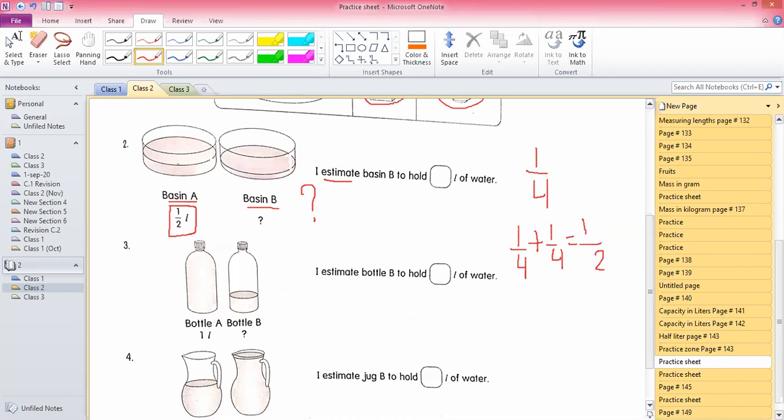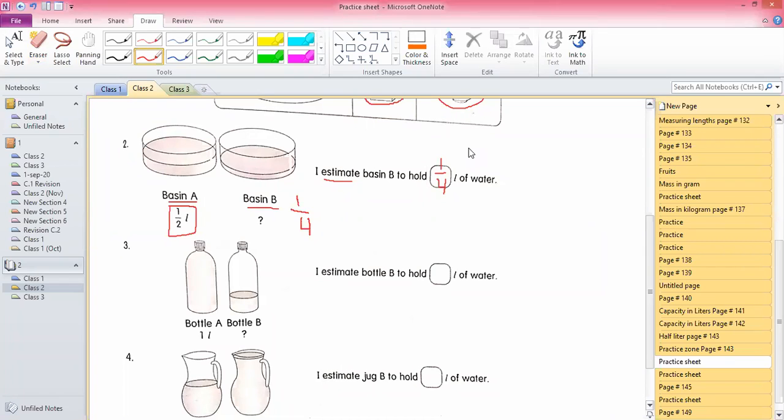So there are 2 quarters in basin A, that means half a liter, and this is half of basin A, that means the answer is 1/4, or you can say a quarter liter. Basin B is having a quarter liter of water.